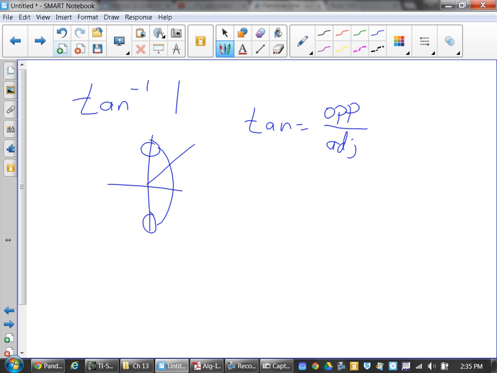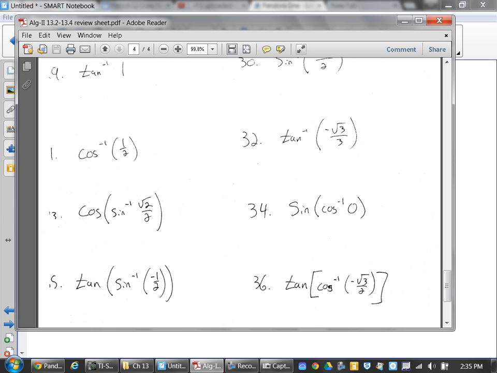At 45 degrees, your opposite and adjacent are both 1. So that means this is at 45, pi over 4. Okay? That's your hint.